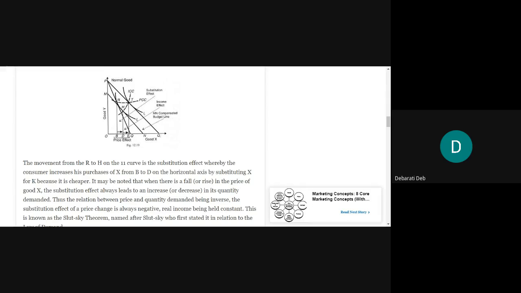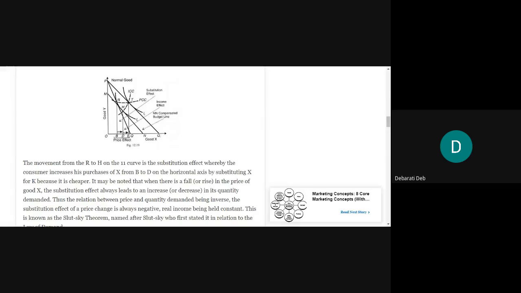Now how is the consumer increasing his purchase of X? He is substituting X for Y because it is cheaper now. So he is increasing his purchase of good X because its price has fallen, and he is doing it by substituting for Y. Why? Because X is cheaper. That's why.